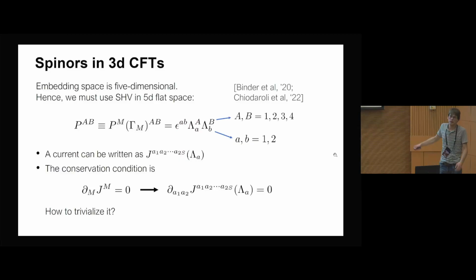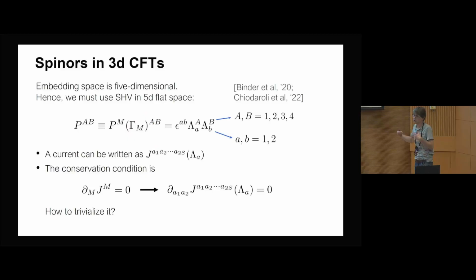As you can see, these new spinor variables are more complicated than before because they now have two sets of indices. They have these capital A and B indices that are spinor indices that go from 1 to 4. And they also have this lowercase a and b index that is a little group index. Because if you apply some transformation to this index, it doesn't change the embedding space position.